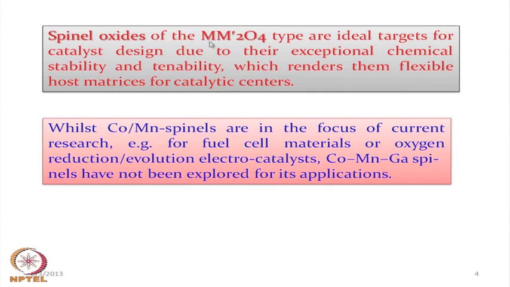So, instead of the MM'2 type of arrangement, that means one in the A site, one in the B site and four oxide anions, we can have A in one site and these two in the B site. That means both manganese and gallium can be in the B site, and they render a different type of catalytic arrangement due to the presence of gallium in the system.